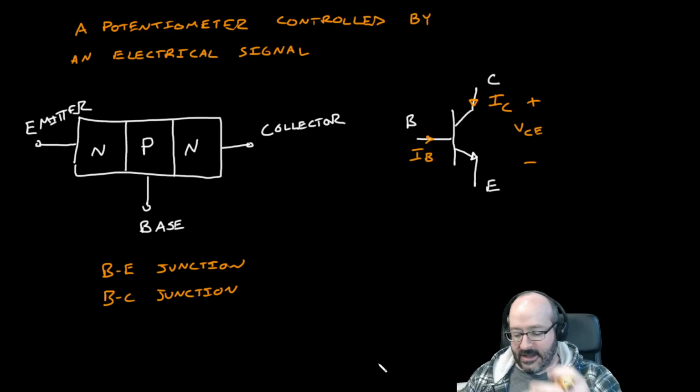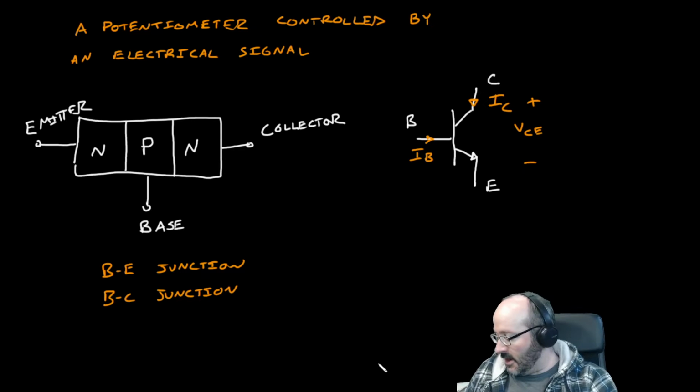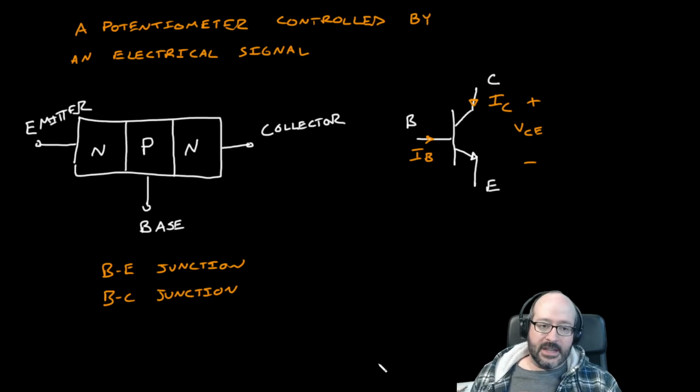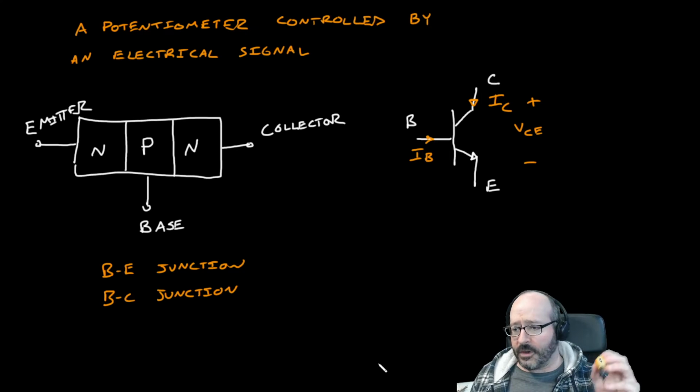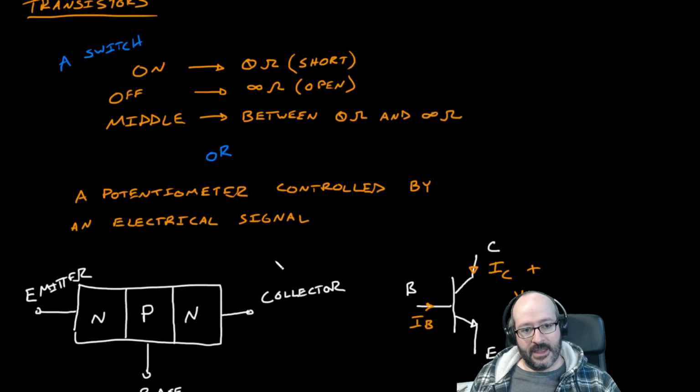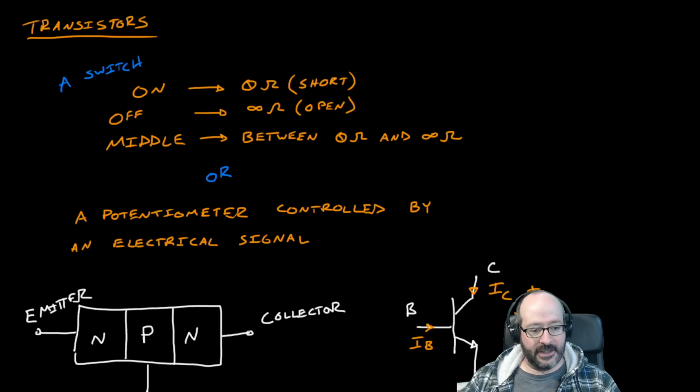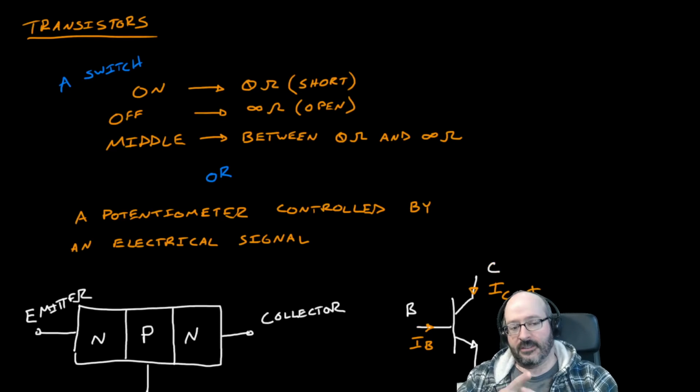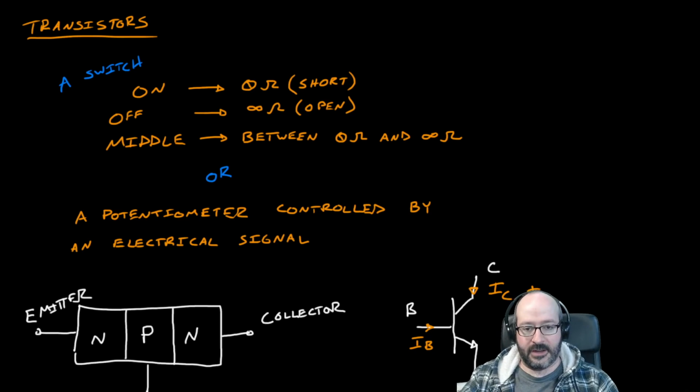All right, and it's going to get a little sloppy, and it's going to take a little bit of visualization, but I believe in you. I think you can do it. Okay, so we're talking about the BJT. We've got these 3 terminals. We've got 2 junctions that we're going to talk about, the base-emitter and the base-collector junction. And we're going to figure out how to take this device and treat it like a switch and treat it as a resistance somewhere in between being on and off. And in this way, we're going to build logic circuits and we're going to build amplifiers. All right, stay tuned and good luck.